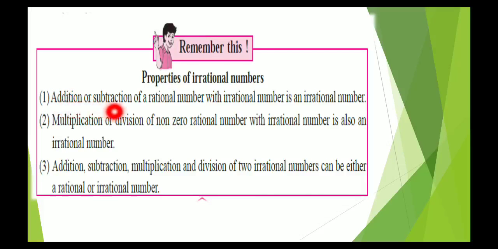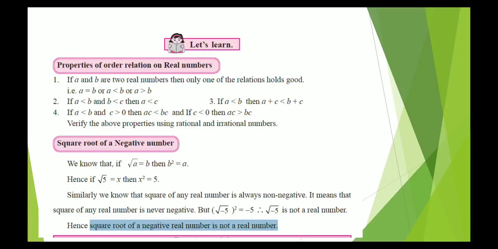Addition or subtraction of a rational number with irrational number is an irrational number. Secondly, multiplication or division of non-zero rational number with irrational number is also an irrational number.